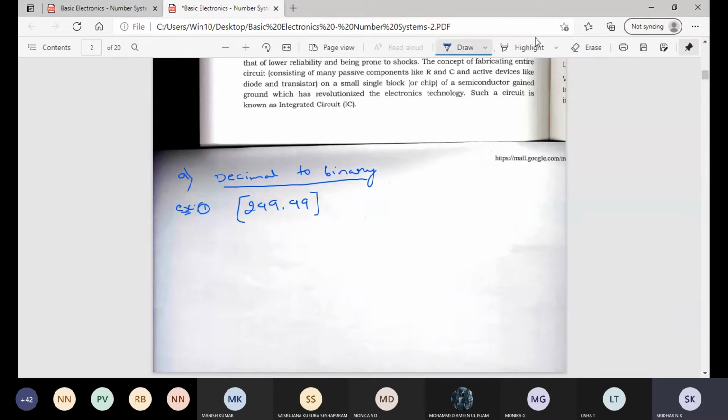Okay, so it is decimal, and I should convert it to binary, so it should be 2. That is decimal to binary. Okay, decimal to binary conversion we are doing now. Please follow me what I am doing. This number has two parts, right? One is integer and fraction, correct? Any number has two parts, integer and fraction.